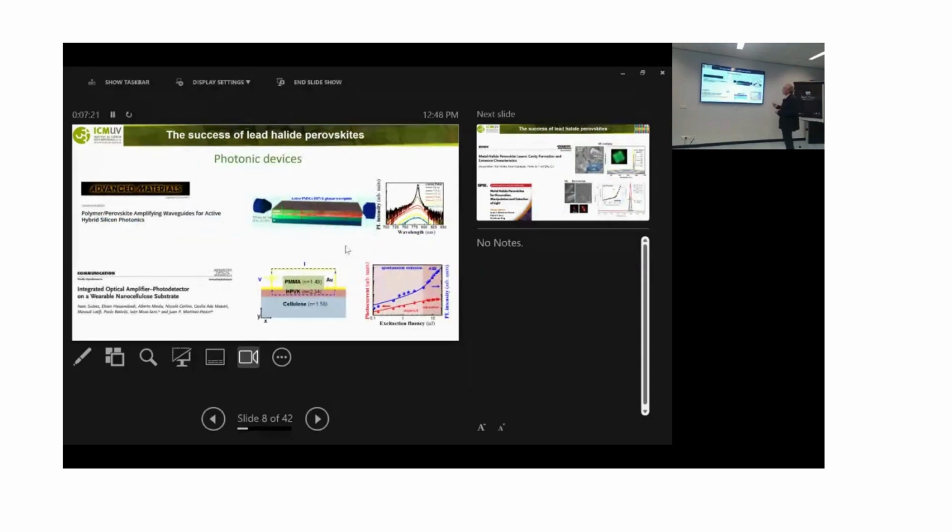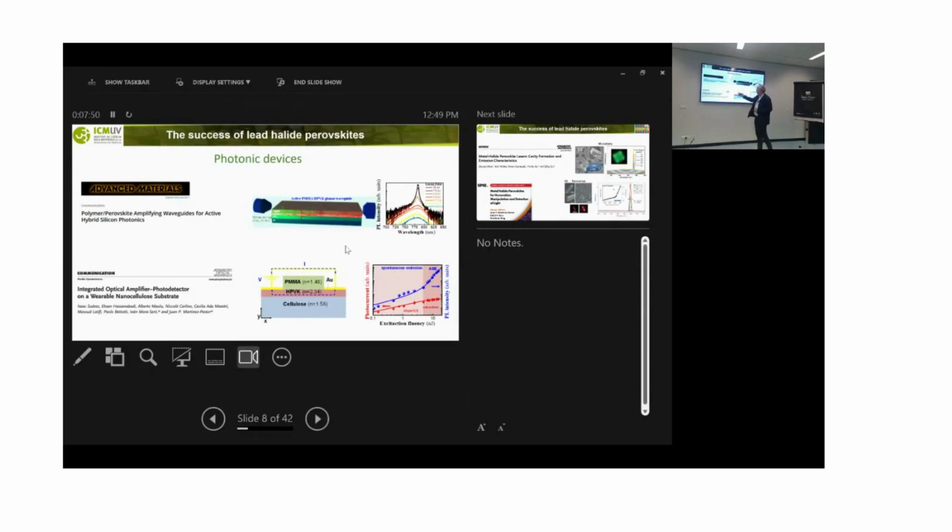Also, not only absorption, it also exhibits high efficiency emission, or high emission quantum yield, and then one is able also to produce active photonics, for example, amplification of light, like we demonstrated in our lab 7 years ago.